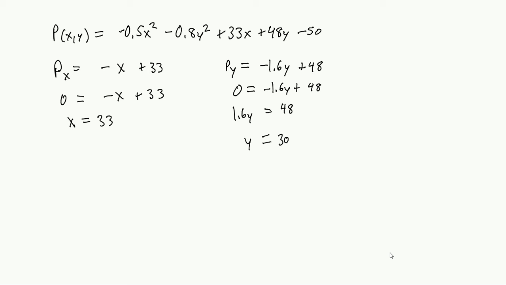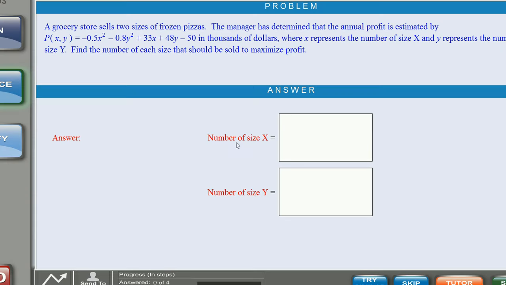Now, technically, the question was talking about maximizing revenue. We should technically go all the way through and make sure it's a local max. But again, look at how it's formatted. It's going to be the same thing on your quizzes and tests. They just want the x and y value. There's no way to put no solution on this.